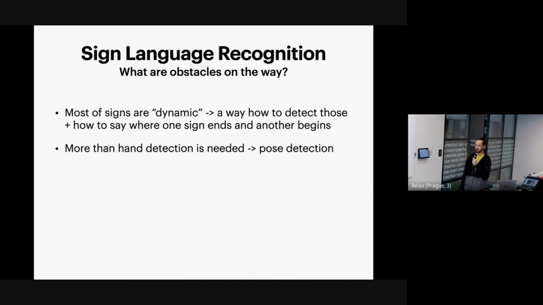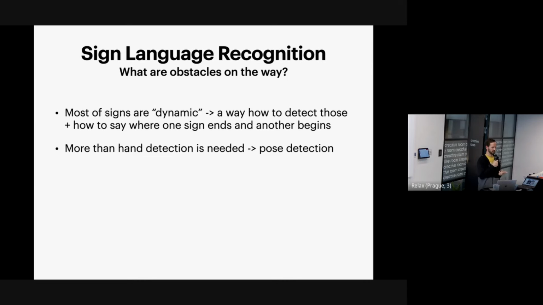I mentioned many steps, but even the first one could not be done properly. And the main reason is that in Czech sign language, most of the signs are what I call dynamic. They include some movement. It's not like I show you letter I, and I stand there and give time to my recognition to know that it's the sign, but there is some movement here and there.